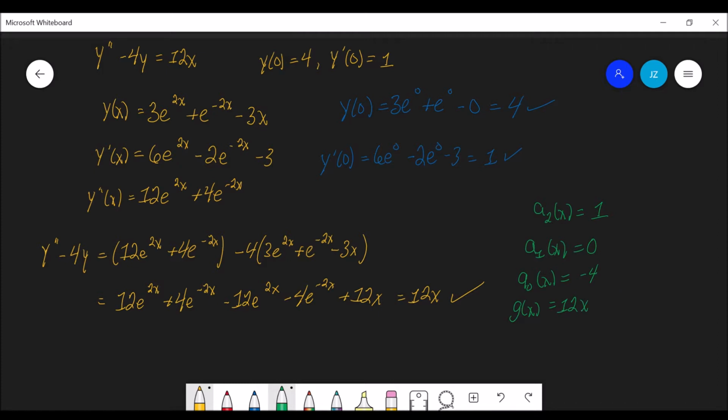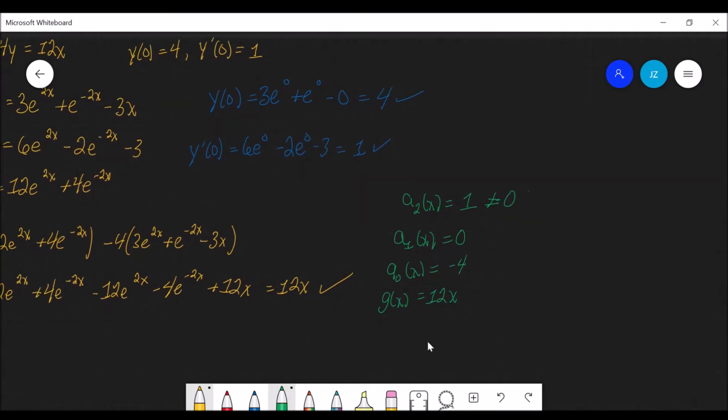Now, 1 will never equal 0. And furthermore, these are all continuous on any interval containing x equals 0.